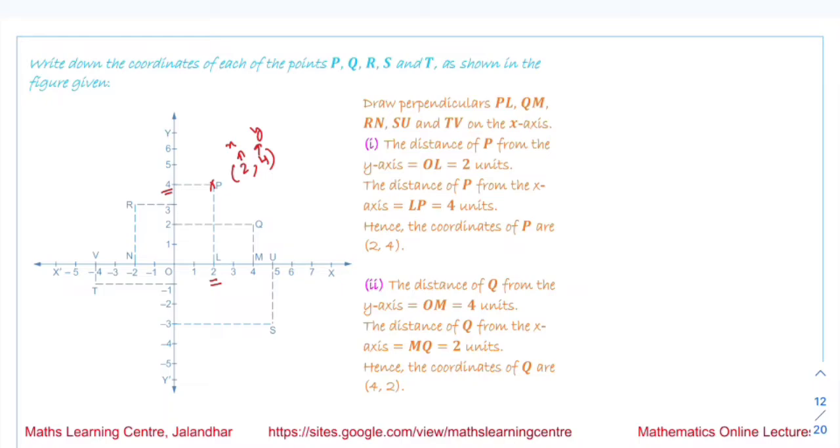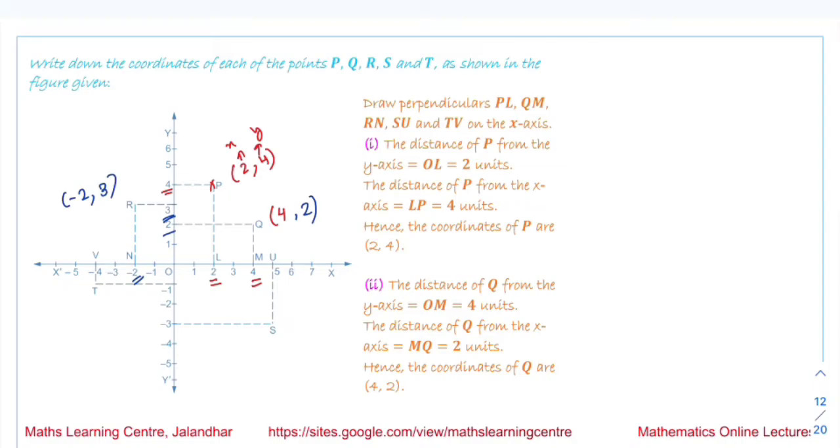Next, if I am talking about the point Q, on the x coordinate it is 4 and on the y coordinate it is 2. Next is the point R. On the x coordinate it is -2 and on the y coordinate it is 3.